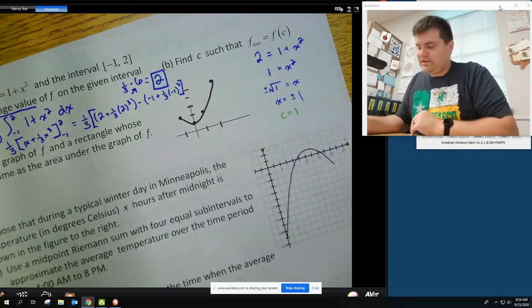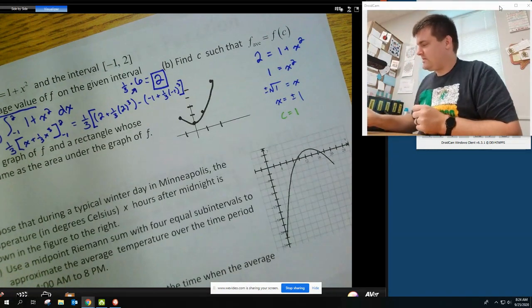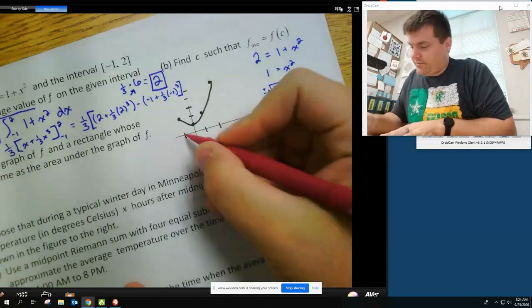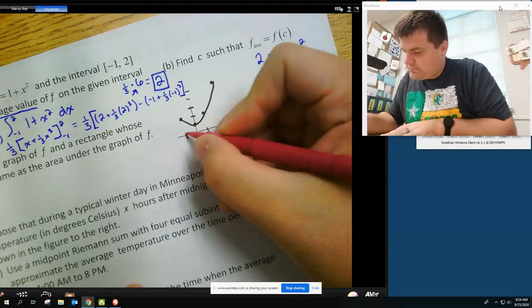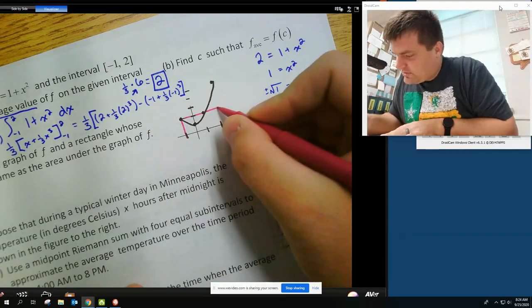Did that in the beginning so we can see what is going on. And then a rectangle whose area is the same as the graph of F. So now when I sketch this in, I don't know, maroon, I'm going to sketch a rectangle with the base from here to here with a height of 2. So sketch this right here.